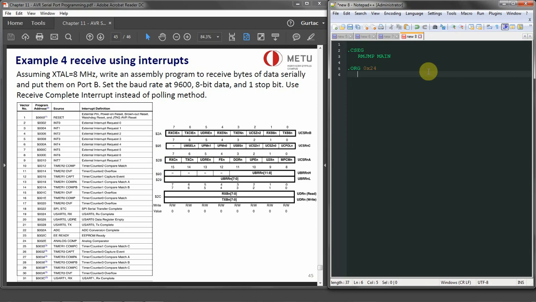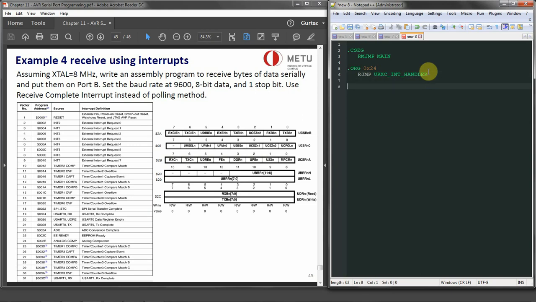So we are going to serve the interrupt from there, and we can just say rjmp when it reaches there, USART receive interrupt handler. I just call the function like that because this is what I'm going to call or use as a subroutine.